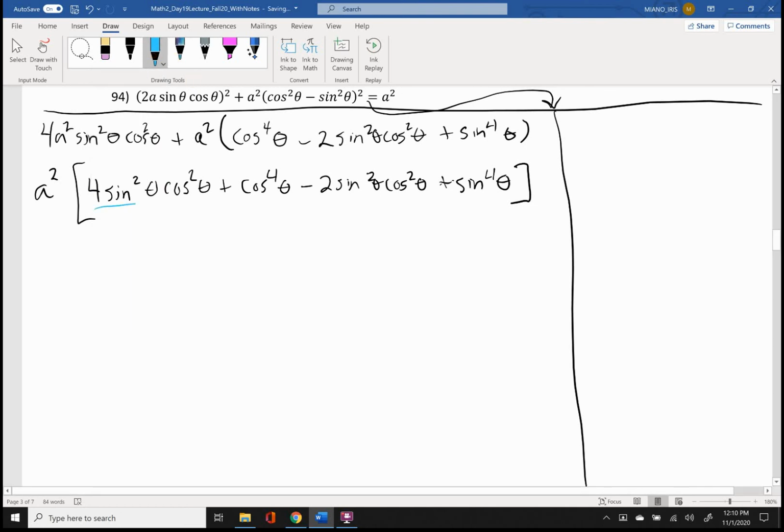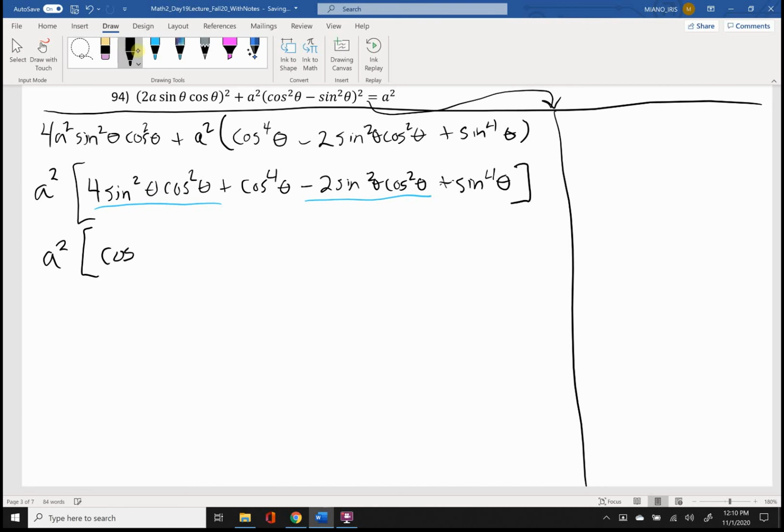Yep, this bit and this bit can be combined. So we'll have 2 sine squared cosine squared thetas left after that. And so that'll be looking like this: cosine to the 4th power theta plus 2 sine squared theta cosine squared theta plus sine 4th power theta.